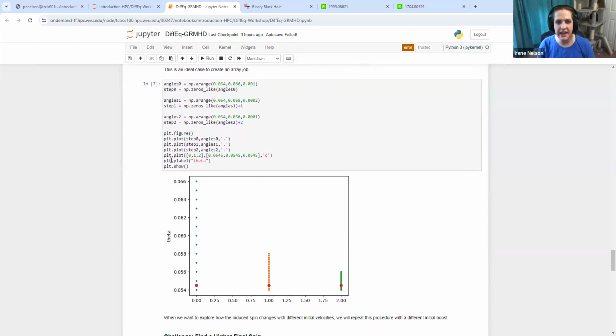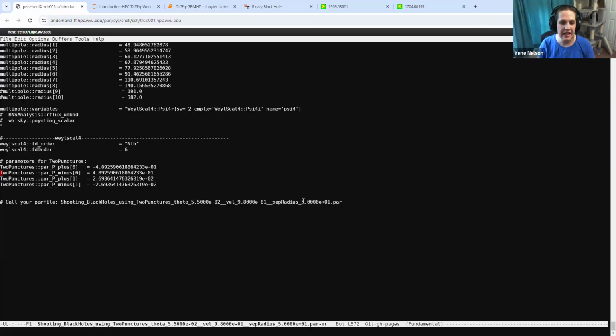So v0 in this case is the 0.98 that's in the file name here. And then if we were going to try this at different initial speeds, we would be changing that value as well.